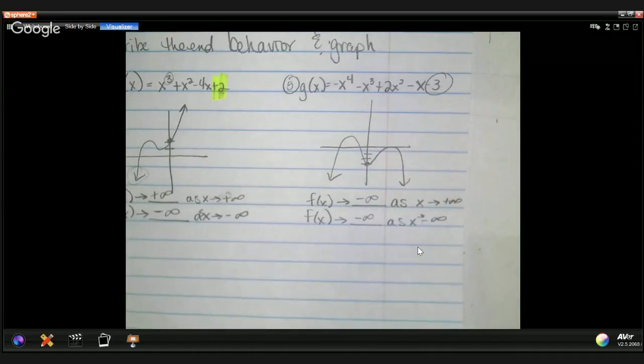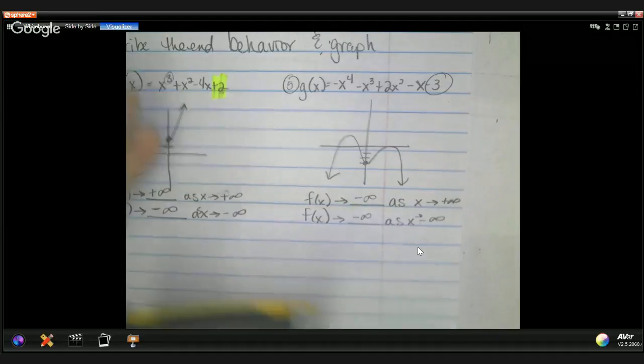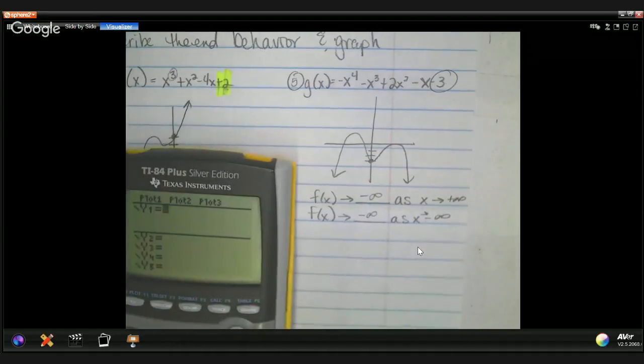And then we could also graph our points. Let's see what this looks like. Maybe we got closer this time. Negative x to the 4th minus x to the 3rd plus 2x squared minus x minus 3.